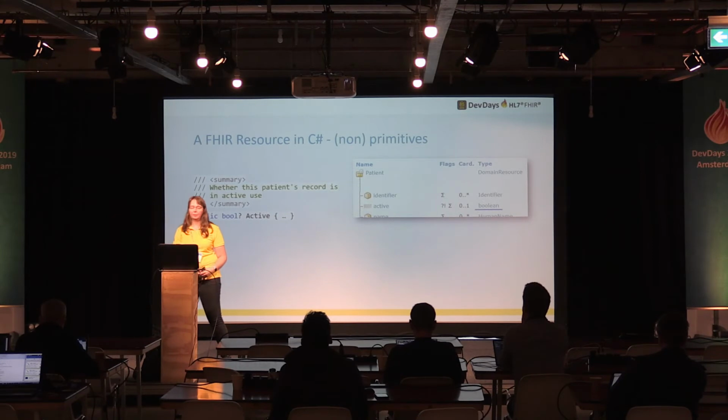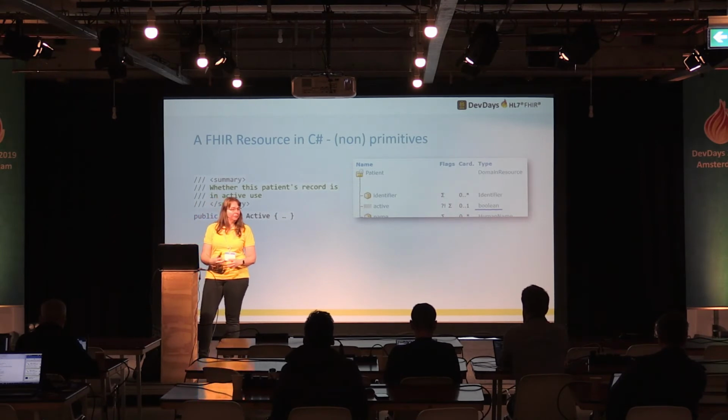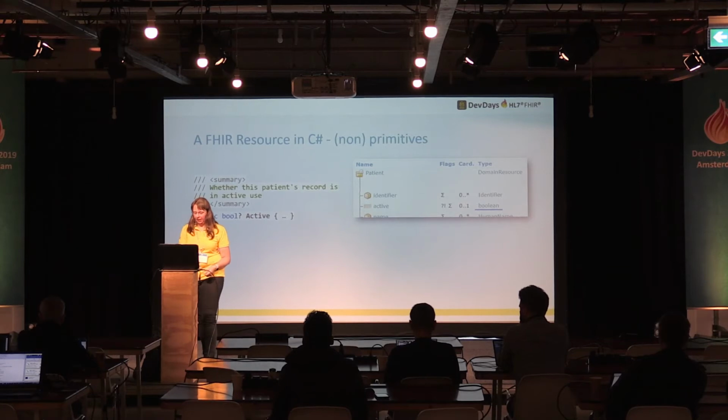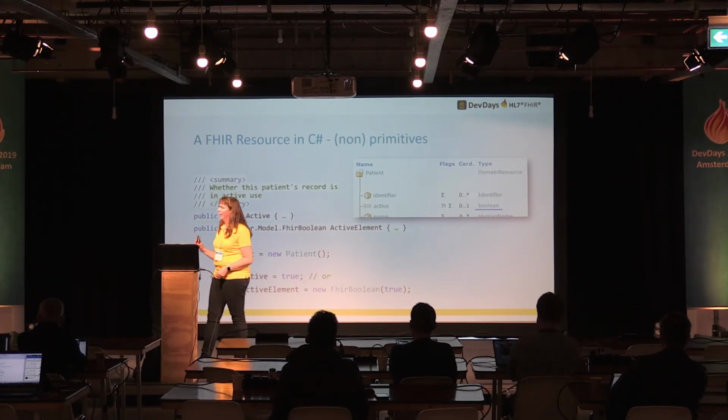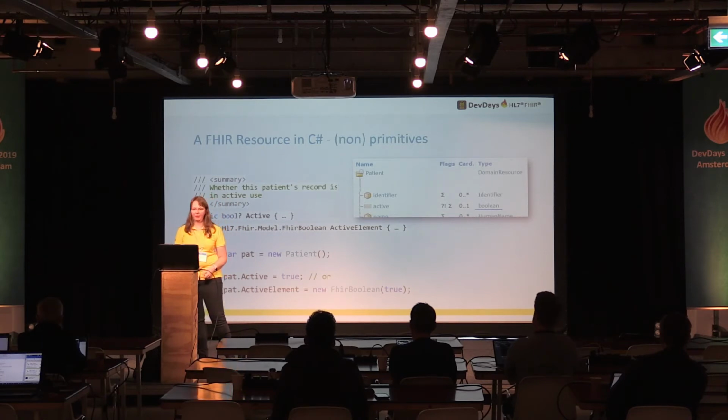And you can do that because we use the Boolean from C# in order to be able to fill it in. But what you will also see within the patient model is that there's something called active element next to this active, that's a Boolean. The active element, that's the FHIR primitive.